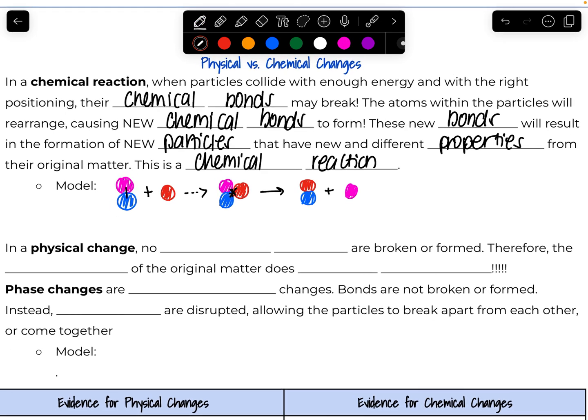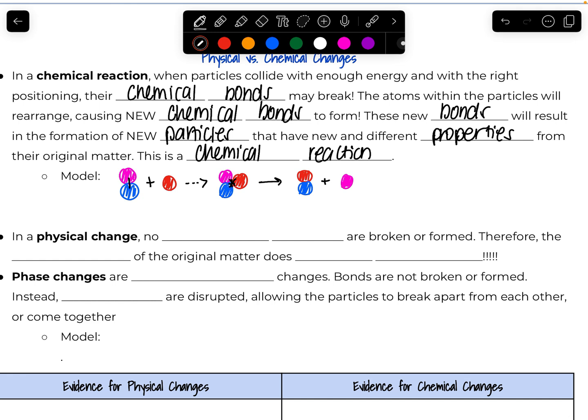In a physical change, we know there are no chemical bonds that are broken or formed, because that would mean changing identity. Physical is all about keeping identity. So, therefore, the identity of the original matter does not change.